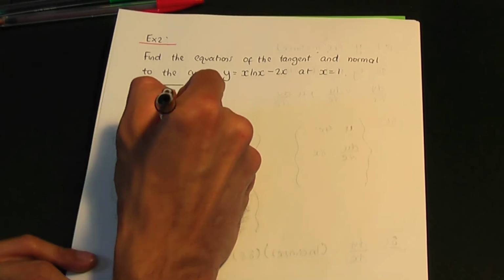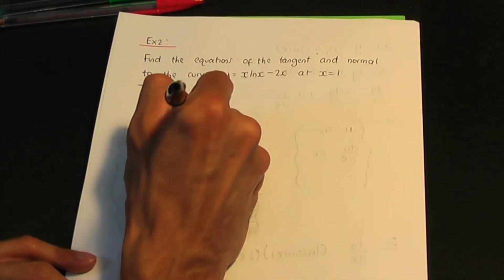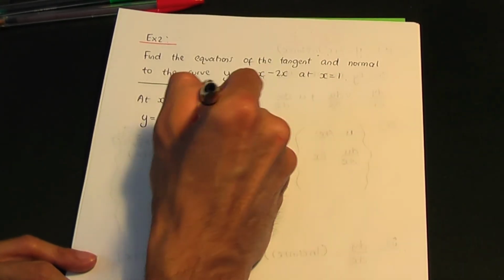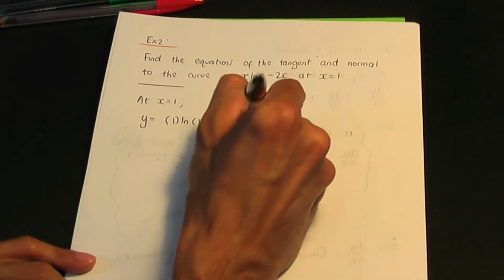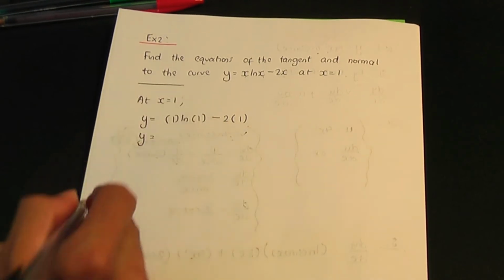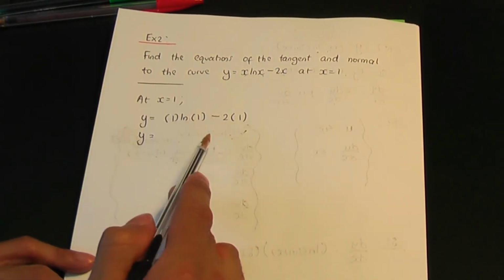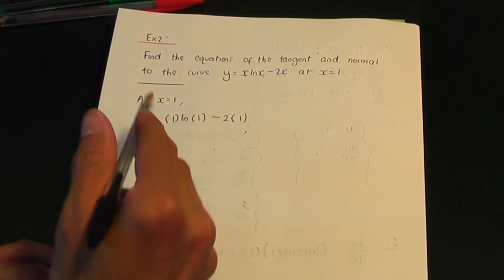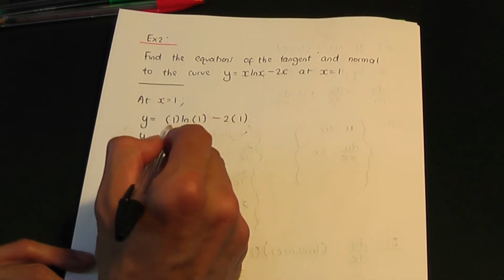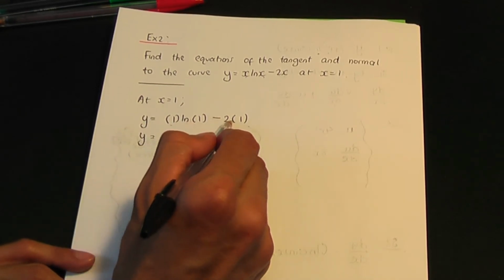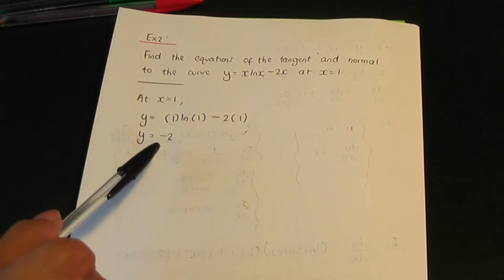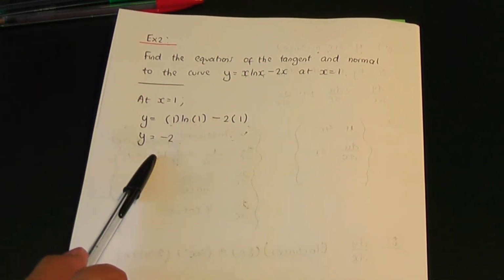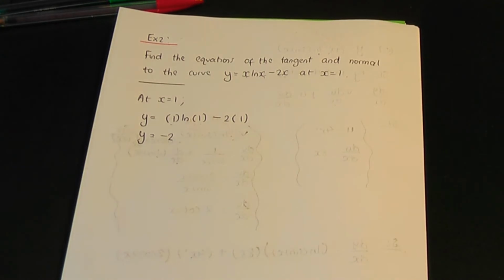So I'll have y equals x, which is 1, ln x, which is ln 1, minus the 2 into x, which is 1. Now ln 1 is 0. So in this case, you're going to have 0 minus 2, which is minus 2. Okay. So that is the corresponding y coordinate for x equaling 1.